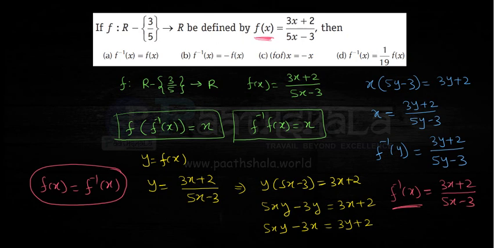So here we have verified the inverse of the function and we found that f inverse of x is equal to f of x. So this tells us that the function is self-inverse. This function is self-inverse.